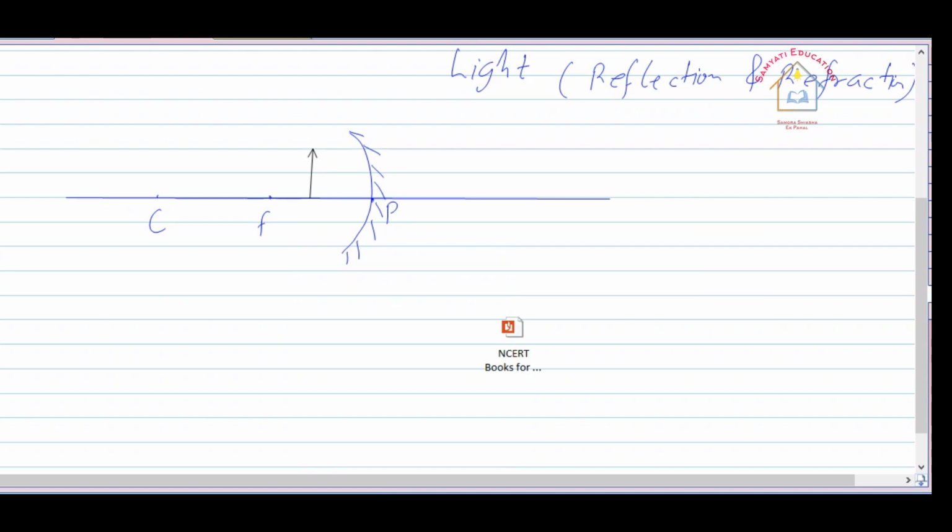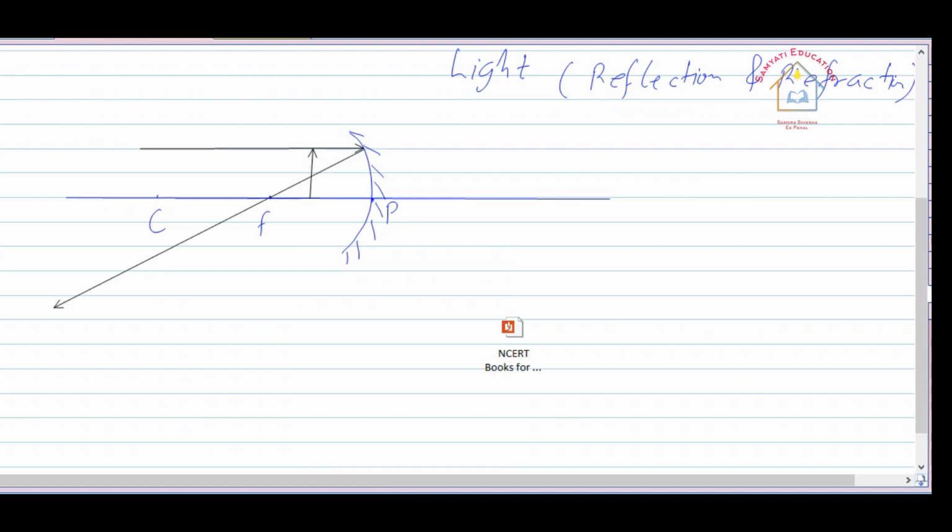If a ray goes through the center of curvature, then it will reflect back along the same path.